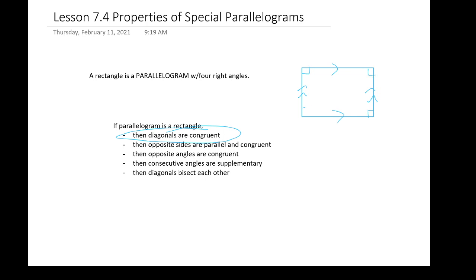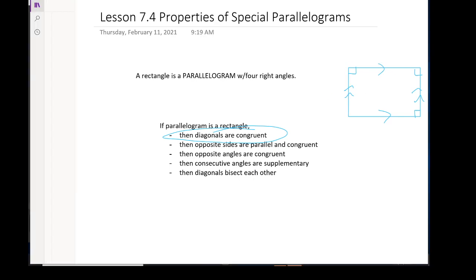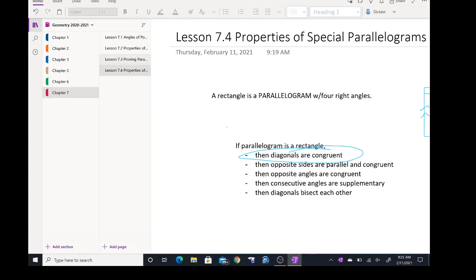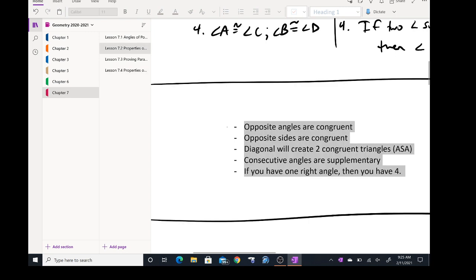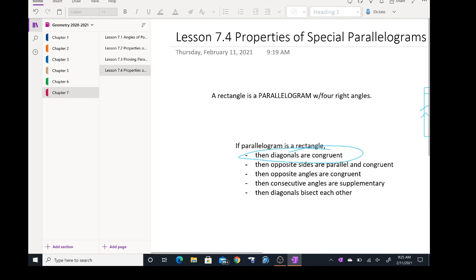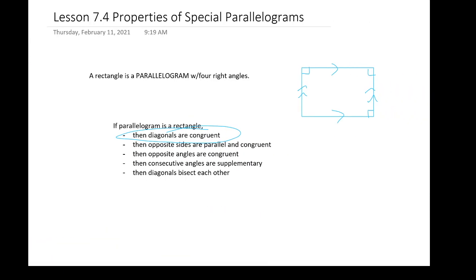And remember, one of our bullet points going back, I think that's actually all the way here, 7.2. It's this. If you have 1 right angle, then you have 4, right? So going back in our notes. Yeah, if we have 1 right angle, then we have 4. So I don't even need to draw that, because in a parallelogram, the singular one's going to make all those consecutive angles and the opposite angles the same.